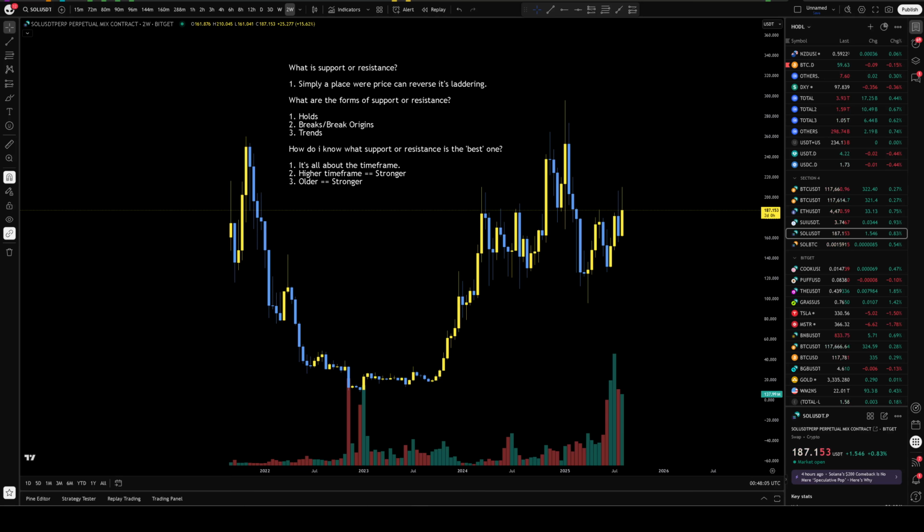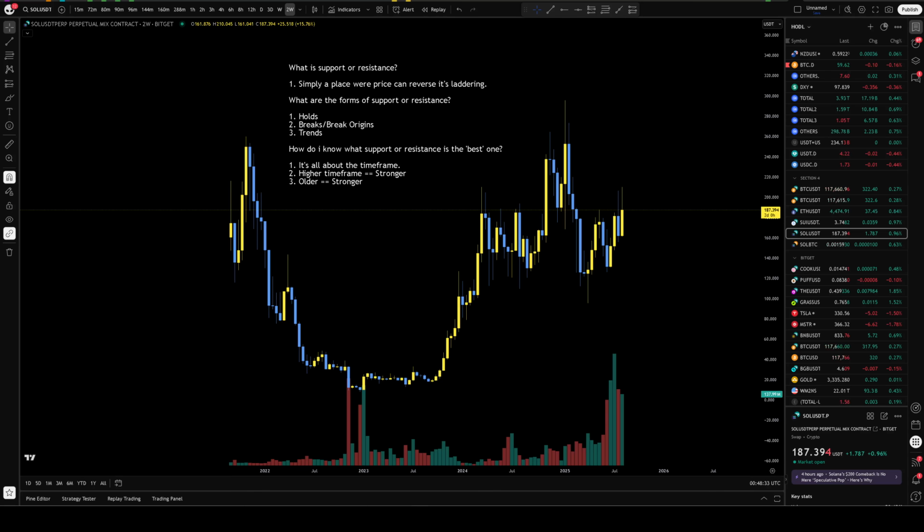There are other factors when you get more advanced, such as how long something can push into support or resistance before it has to start to react to it. But for the most part, the higher the time frame, the stronger the support or resistance is going to be. And also the older. Think of the patience a trader would have to leave a position sitting there for years to be triggered.